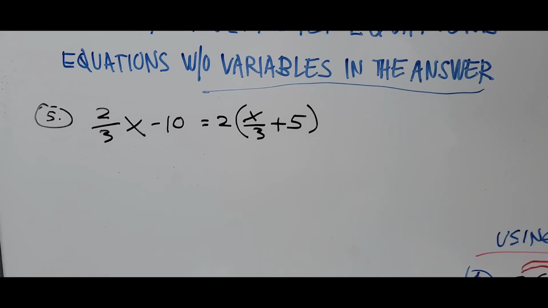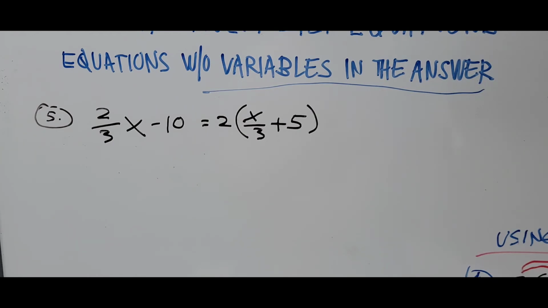So what does it mean by that? So it will be called an empty set. It's variable, no value of the variable. So what does it mean by no value? That means the equation has no solution. What does it mean by no solution?